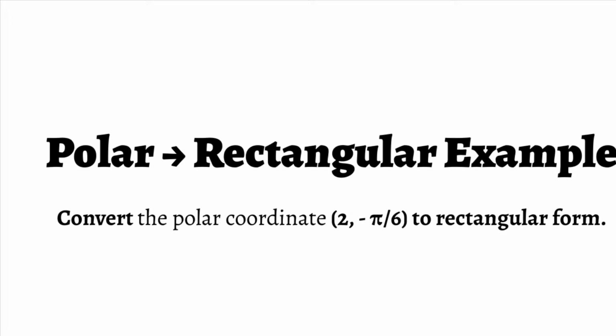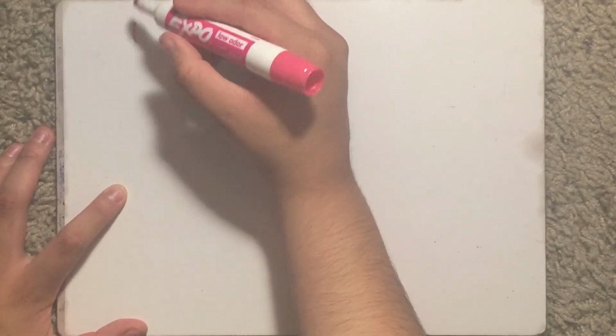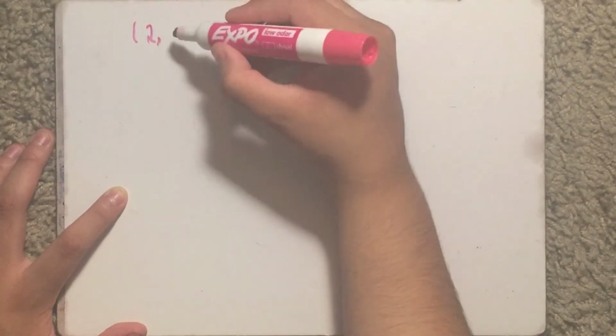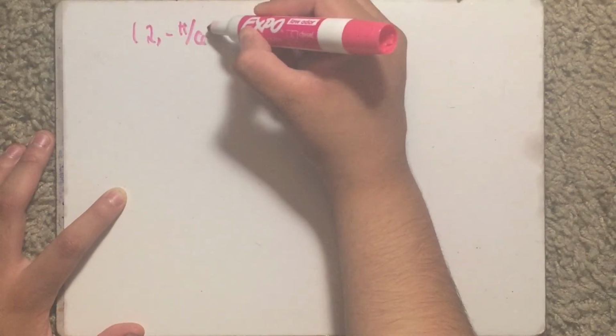Now let's look at a different example where we're going to change polar form to rectangular form, and we're trying to convert 2 comma negative pi over 6 to rectangular form. Let me write 2 comma negative pi over 6.